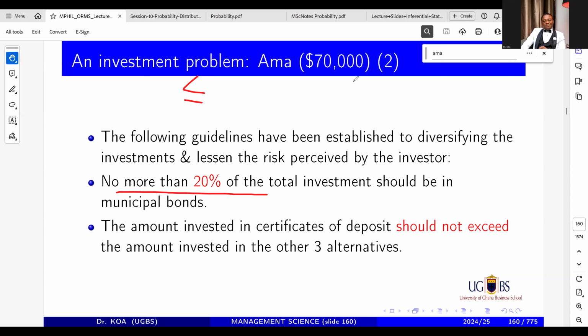Just go and calculate 20% of the total investment. The total investment is $70,000. Find 20% of that and tell us. What is 20% of $70,000?